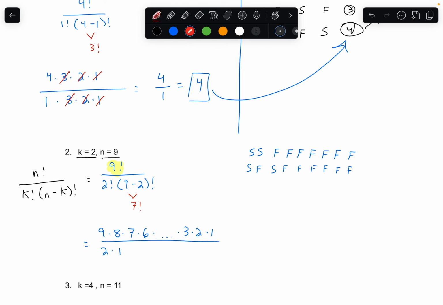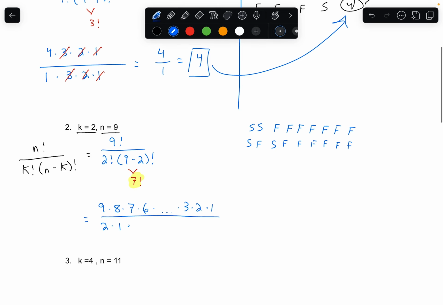And usually what's going to end up happening is one of the numbers in your denominator is going to be larger than the other. So in this case, 7 factorial is greater than 2 factorial. I'm going to try and cancel out the 7 factorial if I can. So if I look at 7 factorial, it is 7 times 6 times 5 times 4 times 3 times 2 times 1.